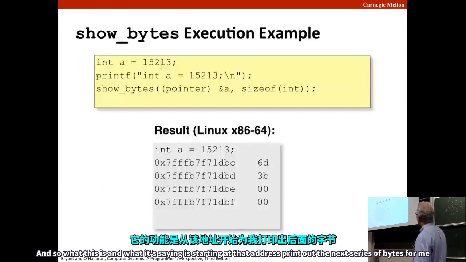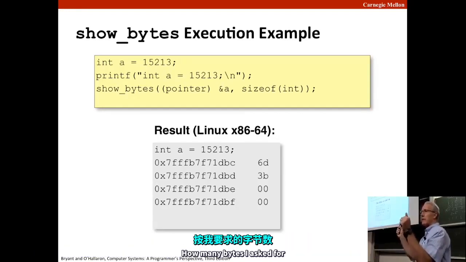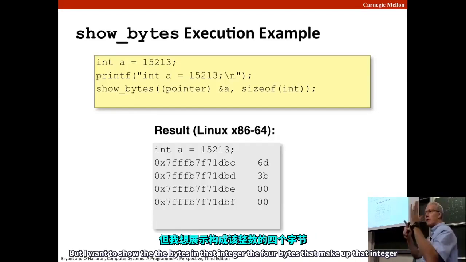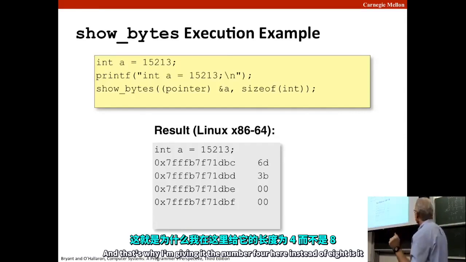What it's saying is, starting at that address, print out the next series of bytes for me, however many bytes I ask for. In this case, I'm creating a pointer to this integer, but I want to show the 4 bytes that make up that integer. That's why I'm giving it the number 4 here instead of 8.